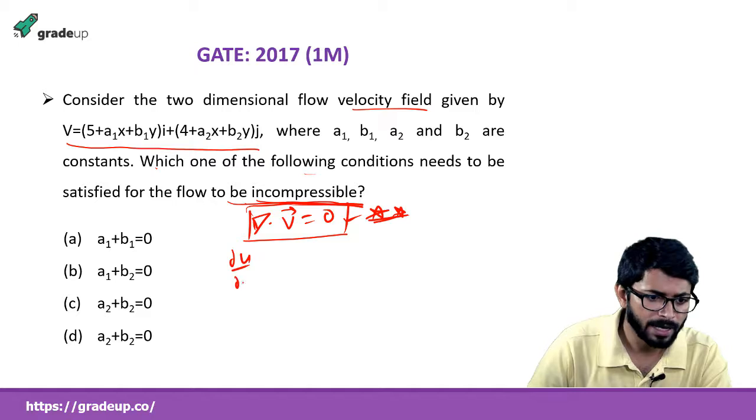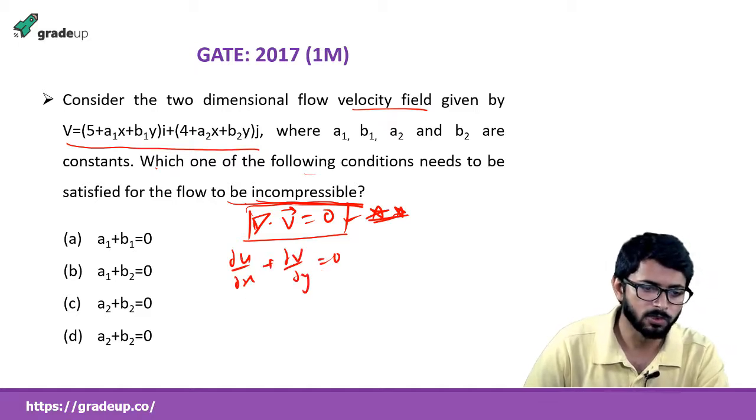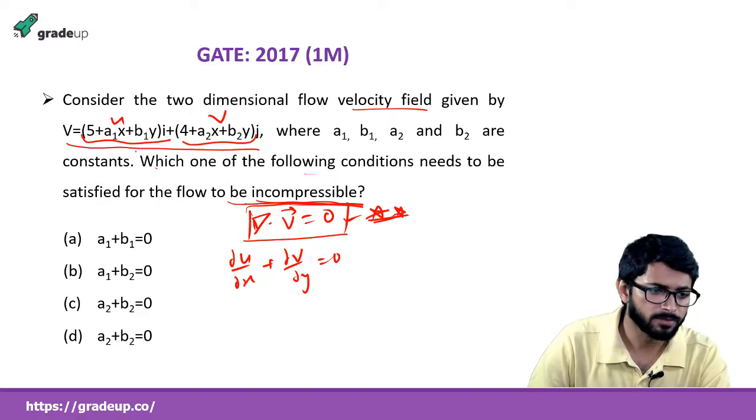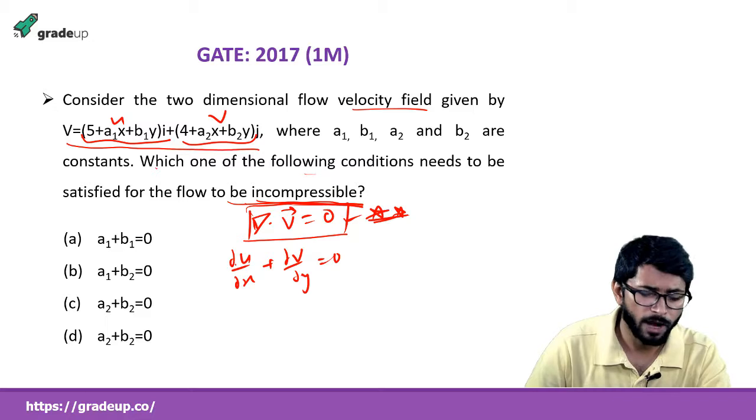So del u by del x plus del v by del y is equal to 0. Here it is u and here it is v. We have to find the partial derivative of u with respect to x and the partial derivative of v with respect to y.